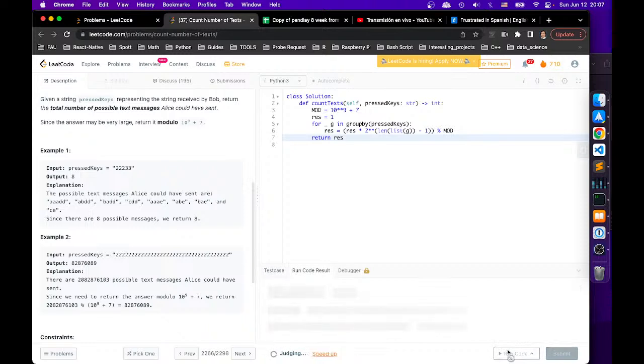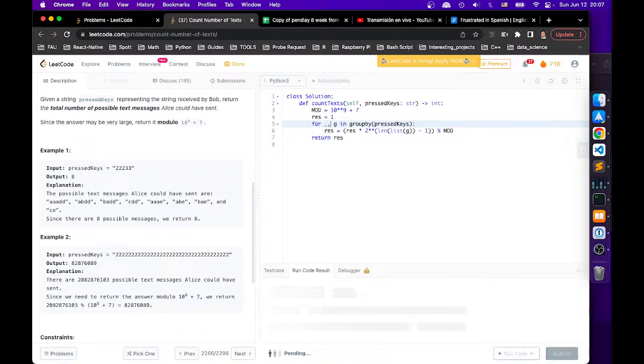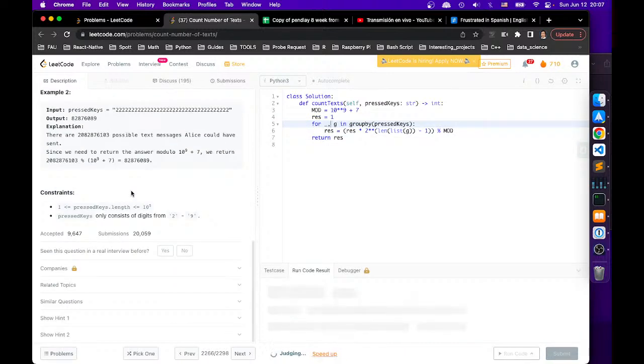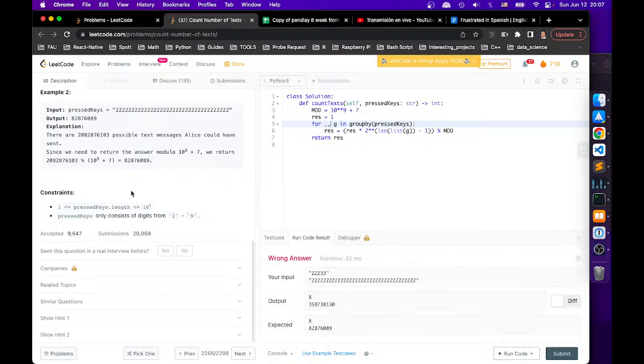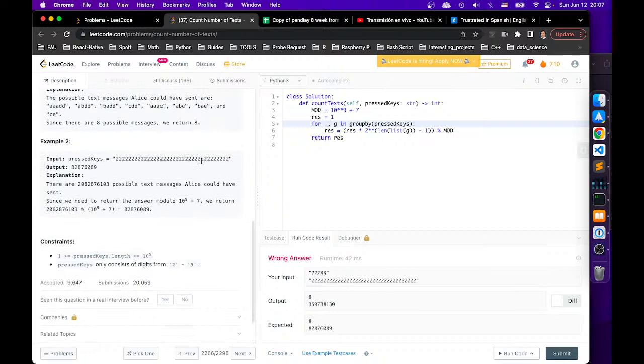Wait, what? Oh, my bad. It has to be this. That's not right. Wait, are we not supposed to mod this?